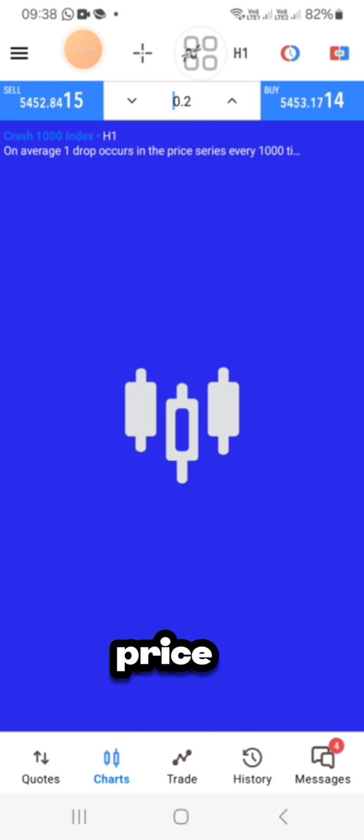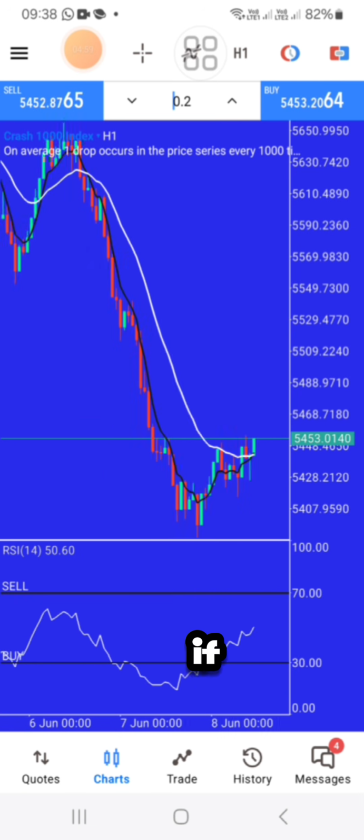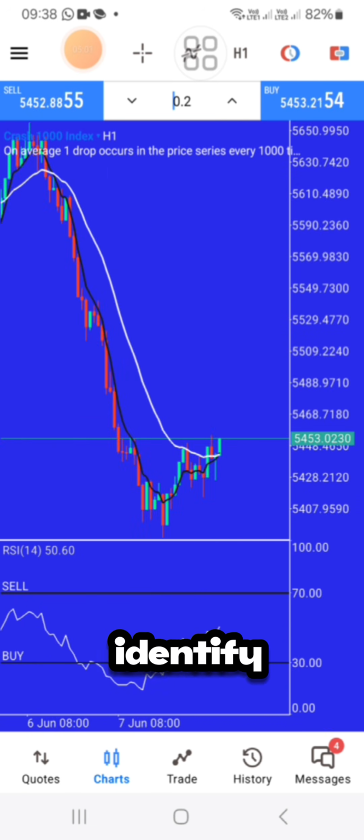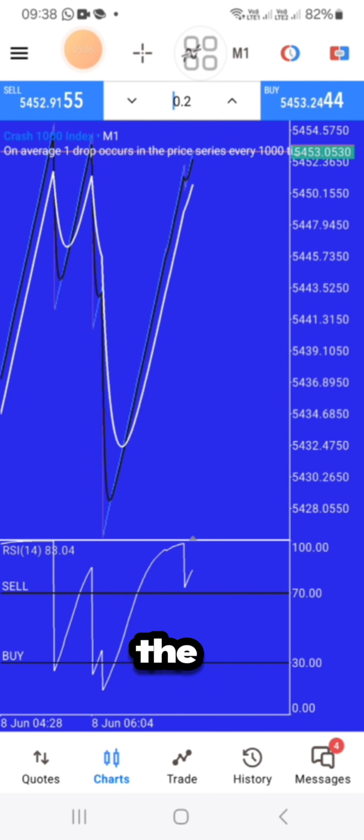Because price was moving up during this phase. So you need to identify the trend on the higher time frame. This can increase the profitability or the accuracy of this strategy. You need to buy when crash is in a bullish trend on H1 or H4. This will increase your chances of getting more accurate signals.